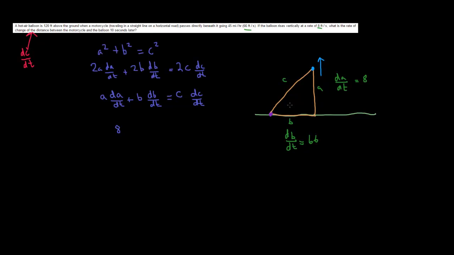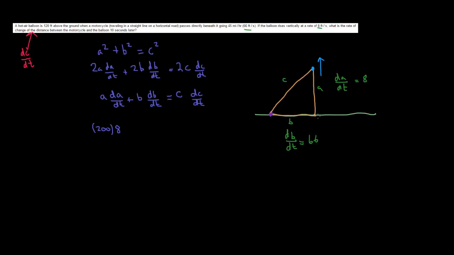So it's 120 feet above the ground, but it's rising at 8 feet per second. So 10 seconds later, how high has the balloon risen? At 10 seconds later, 10 times 8 feet per second, it's risen 80 feet. 80 feet plus 120 feet, so the total is 200 feet above the ground. So A is 200.